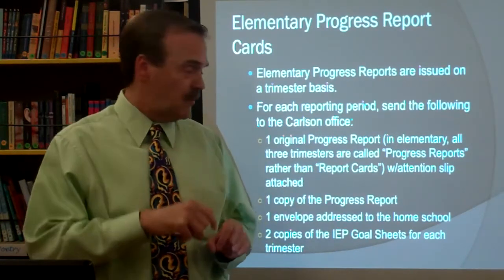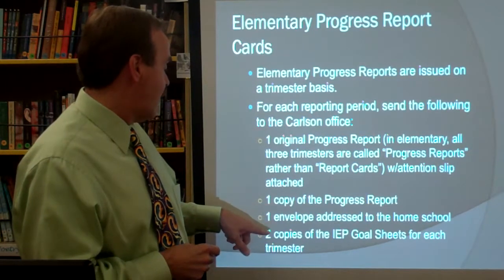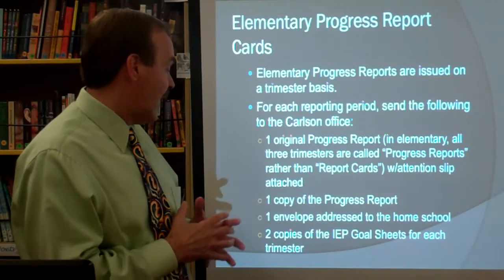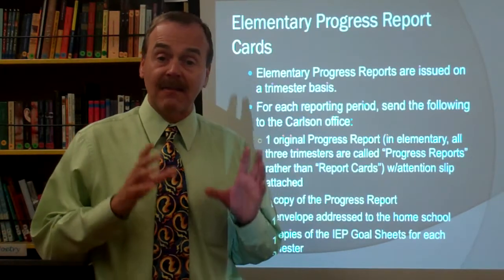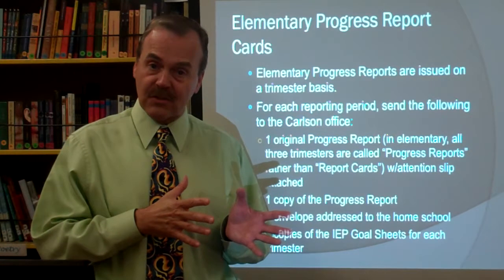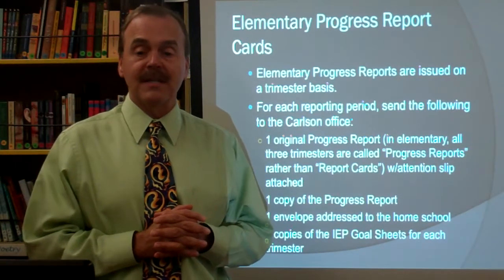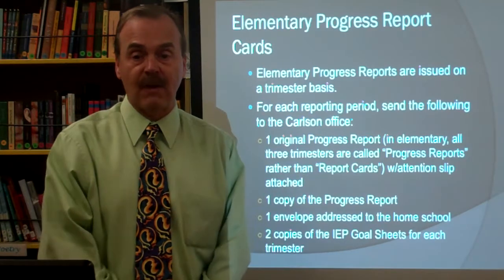You make sure you put that on there, and then send 1 copy of the progress report. You want to send 1 envelope addressed to the home school, and then 2 copies of the IEP. If the student is a special education student or has an IEP, then you want to make sure that you send 2 copies of the IEP goal sheets for each trimester.